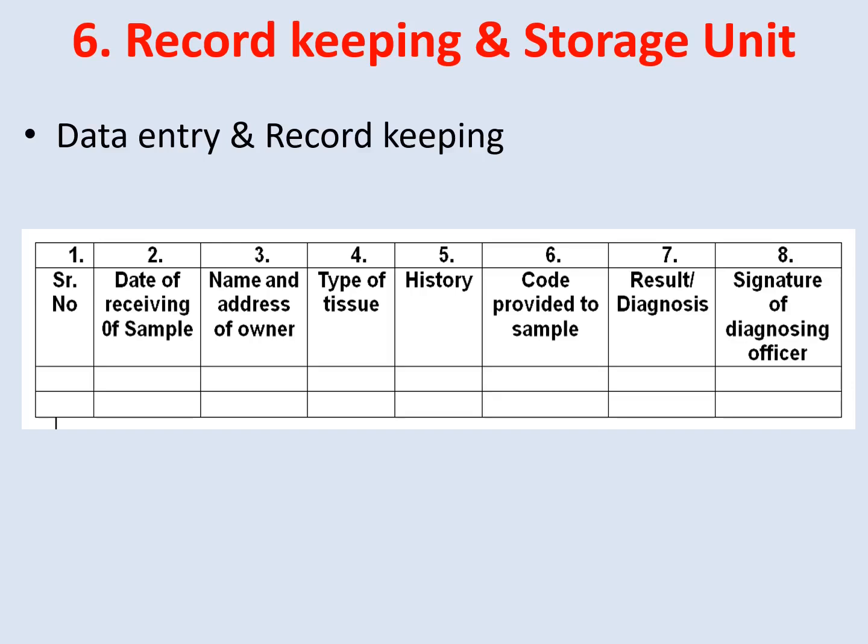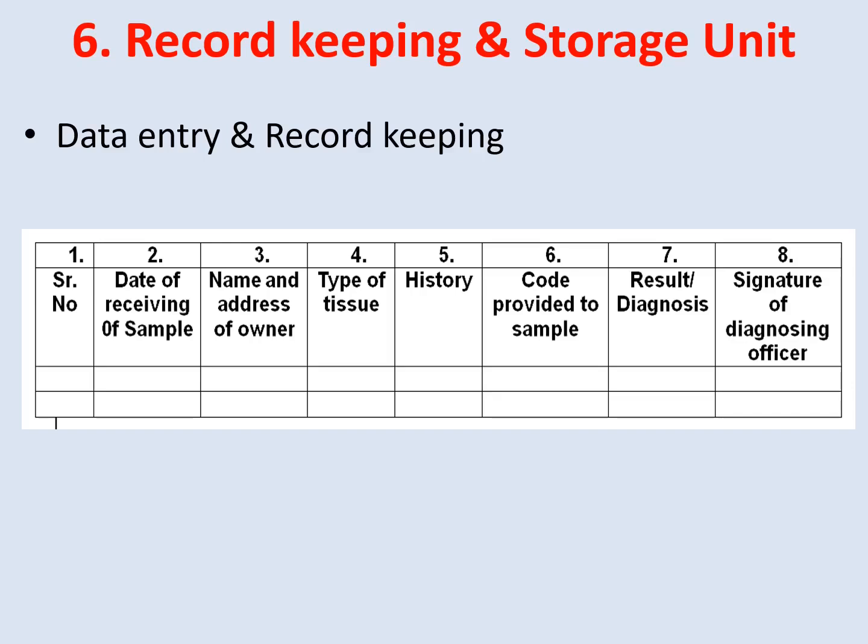It will help to make a diagnosis, especially in case of tumors, from which part the tissue has been taken. It is very important. It will help the pathologist to diagnose the tumor. And sixth one is a code. You should also provide a code to your sample, because you cannot write all the things on the blocks.